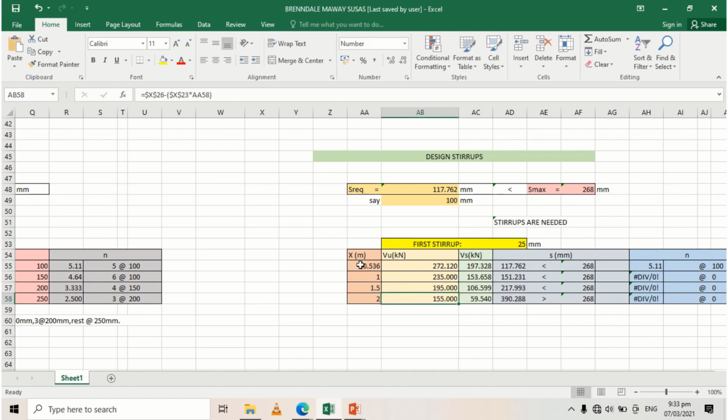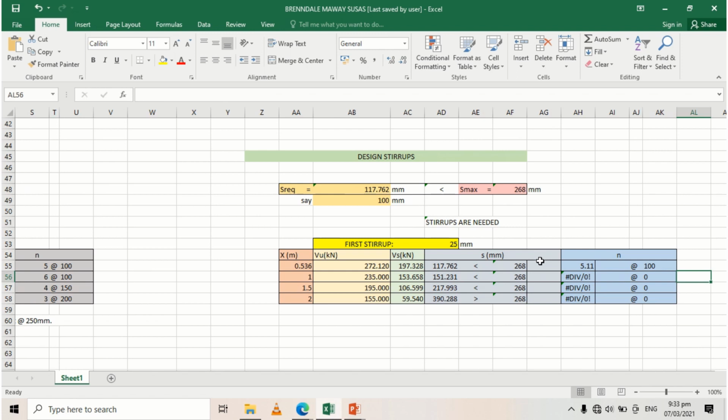So first, sa spacing natin, 117, say 100. 151, say 150. 217, say 220. Then 268, say 250, 260. Sige, try natin 260.